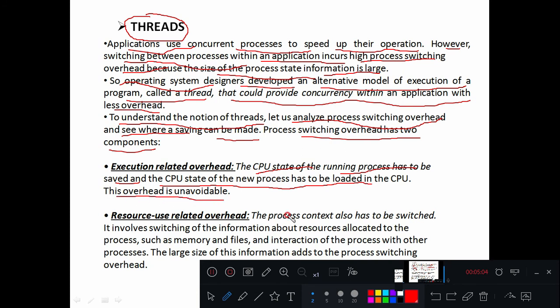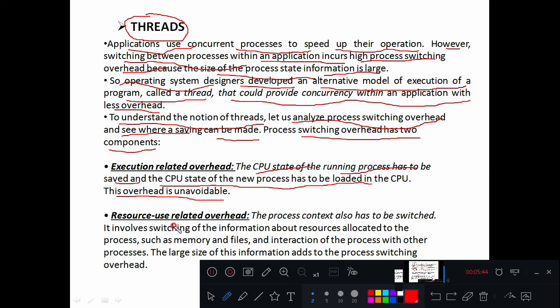This overhead is unavoidable because whenever the CPU is preempted from one process, the old state of the process needs to be saved, because the operating system is going to schedule a new process, right? The contents of the central processing unit, or the program status word, have to be modified when the processes are switched. So this kind of overhead we cannot avoid, it is unavoidable.